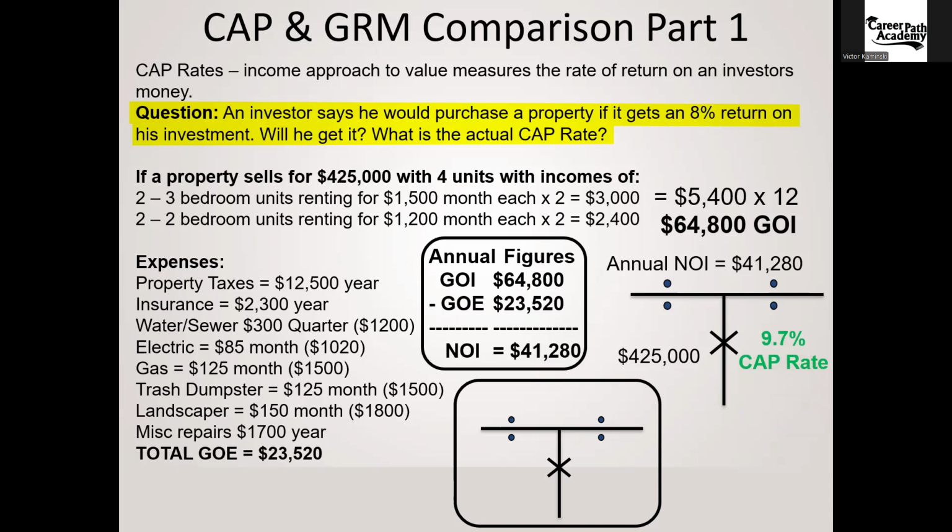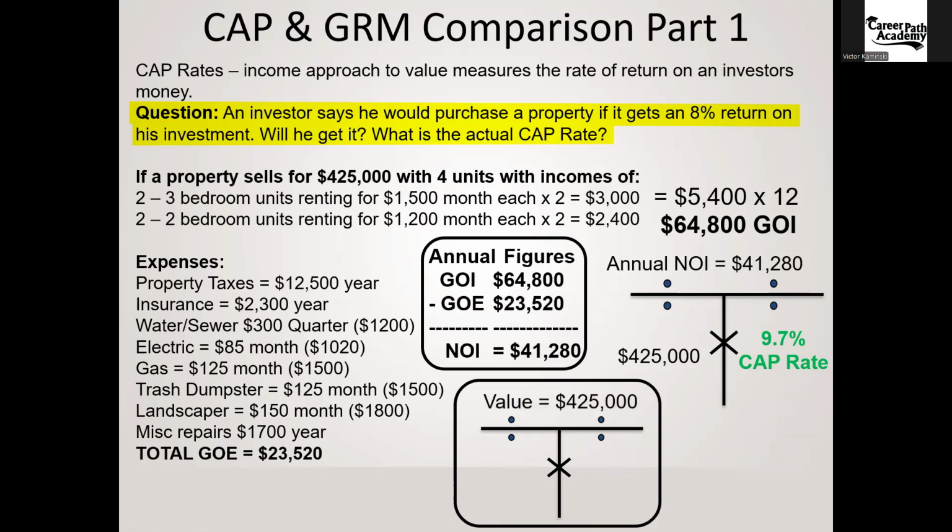That's an excellent cap rate, capitalization rate. It's the rate of return of an investor's money. 9.7, pretty good. Pretty good for any kind of investment to get a 9.7% return on your investment, right? What are your banks paying you these days?